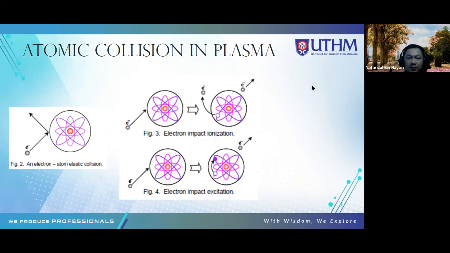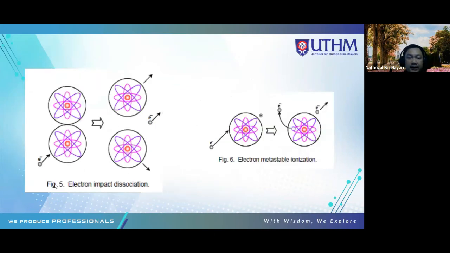You can see another process, electron impact dissociation, also occurs. For example, I have N2 nitrogen reacting with the electron, and then I will get another N plus another N plus electron.